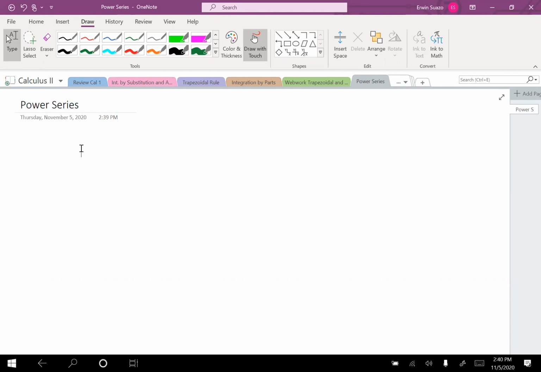So a power series is basically an infinite polynomial. A power series looks like this: the sum of a_n x to the n, n equals 1 to infinity. So basically, it's an infinite polynomial. You spent a lot of time in college algebra and high school working with these.